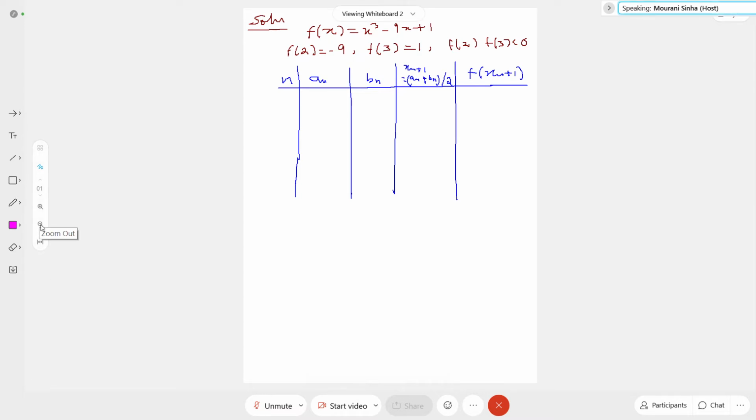So this is the real method. You have to do it in this table form, not in that form which we were writing and doing. But we will do the same thing only. The representation is different. Here also we will find the midpoint. Here also we will find the function. But you have to do it in this tabular form. Have you got that, Sweta? Here we were not doing it in tabular form.